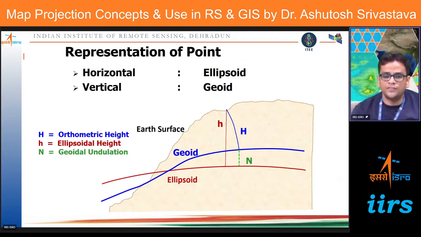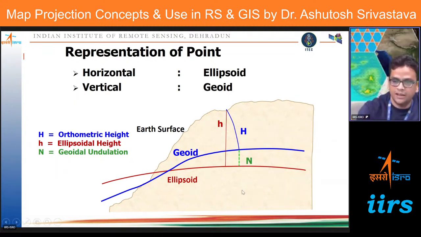Okay, and the difference between both heights, the geoidal height and the ellipsoidal height, definitely, somewhere they will be equal, somewhere one will be higher, somewhere the other will be higher. So the difference will be there. That difference is basically called the geoidal undulation.